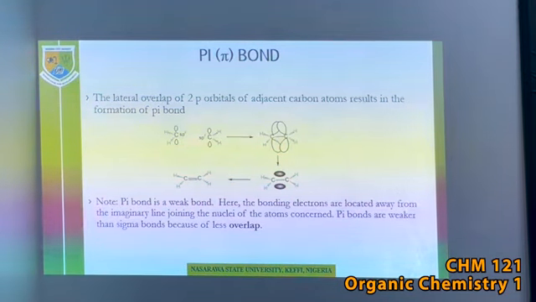And in the case of a pi bond, we've already talked about the overlap above and below the plane of the bond. Just to note that a pi bond is weaker than a sigma bond, because whereas the sigma bond is found between the nuclei which hold them together, pi bonds are kind of projecting out.